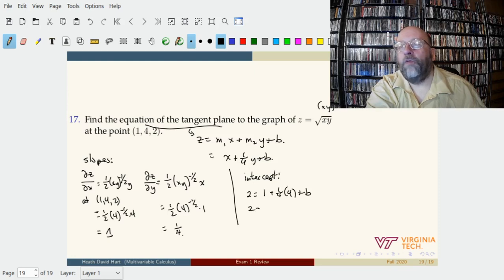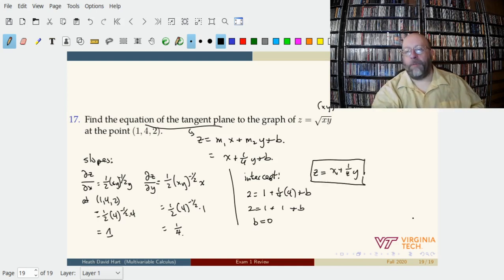Well, that's 2 is equal to 1 plus 1 plus b, and so b is equal to 0. We have our answer. z is equal to x plus 1/4 y plus 0. And that's the equation of the tangent plane we needed.